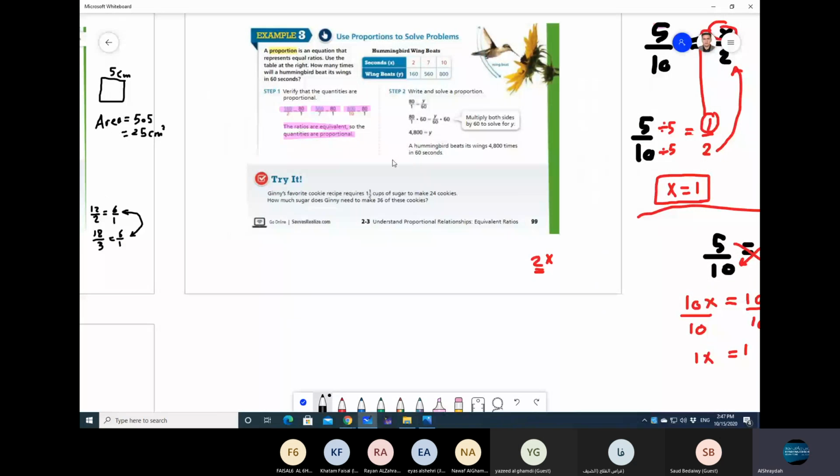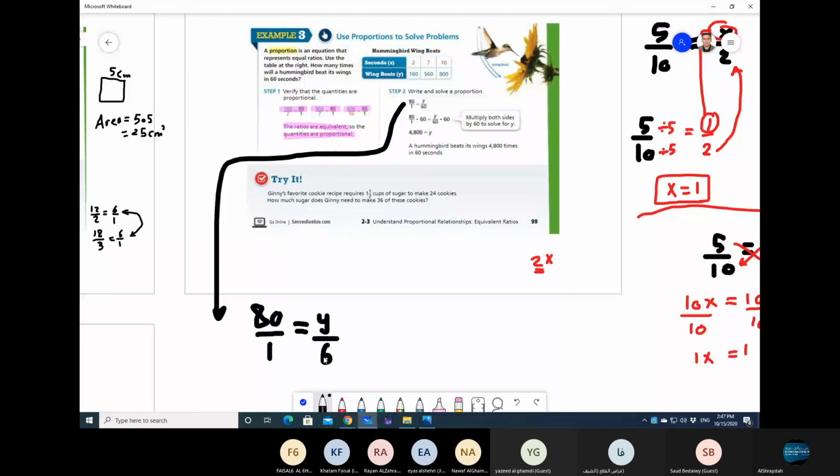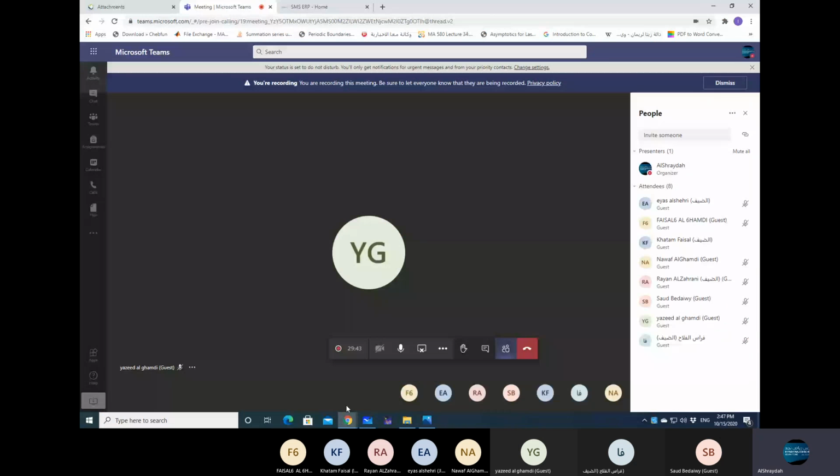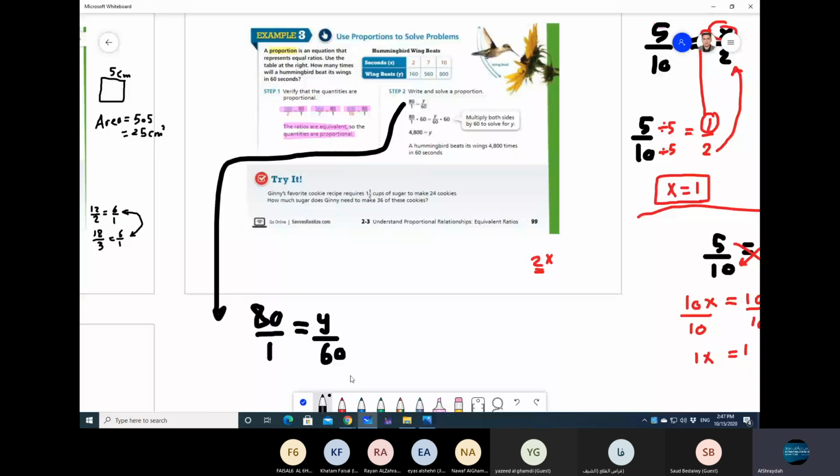As you can see here, 80 divided by 1 is equal to y over 60. How to find the value of y? Use cross multiplication, multiply y by 1 and 80 by 60.